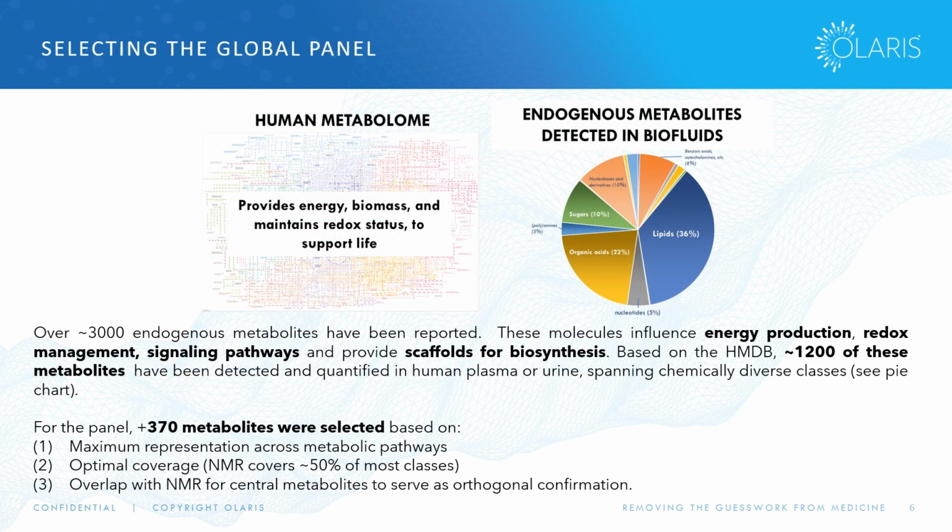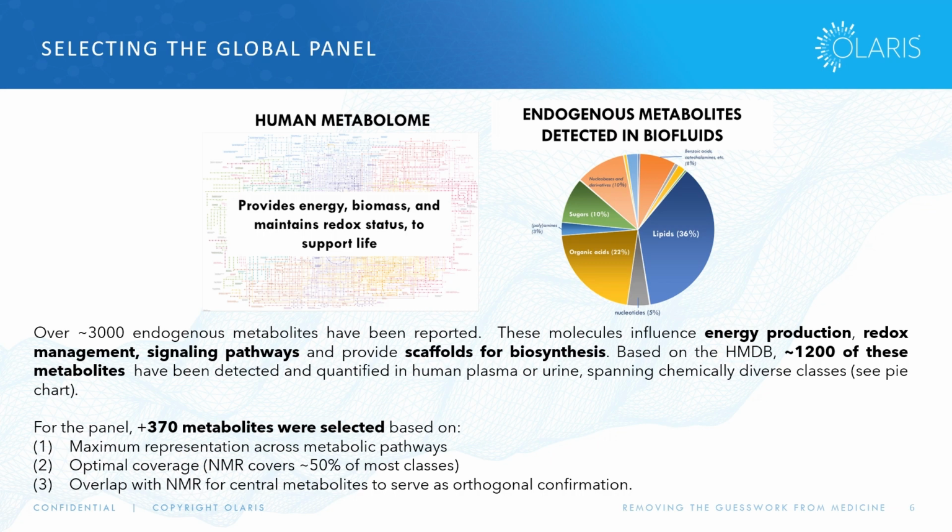So now I'll talk a little bit more about how we went about setting up this method. And so there's over 300,000 endogenous metabolites that have been reported that play various roles in human physiology and disease. And so what we've done is we went to the HMDB Human Metabolome Database, looking for those metabolites that are endogenous and that have been detected and quantified in either urine or plasma or both.